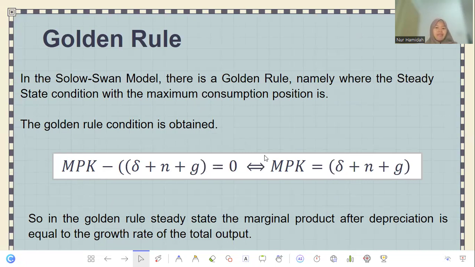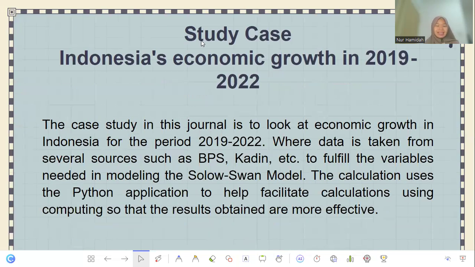So in the golden rule, the marginal product after depreciation is equal to the growth rate of the total output.